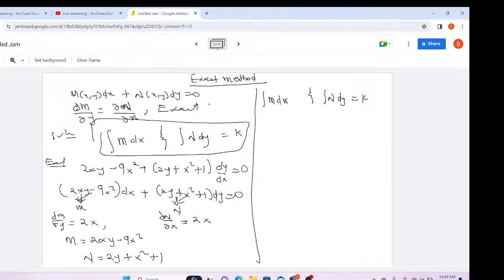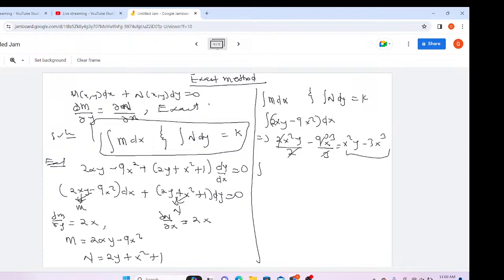So I will look at the combination. Integrating 2xy minus 9x squared dx will actually give me 2x squared y over 2 minus 9x cubed over 3, and that will give me x squared y minus 3x cubed.